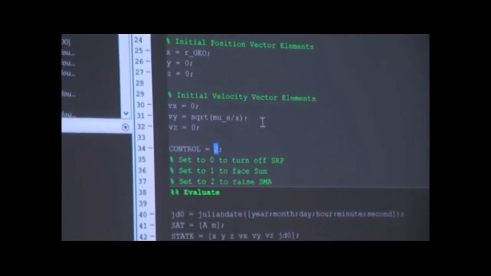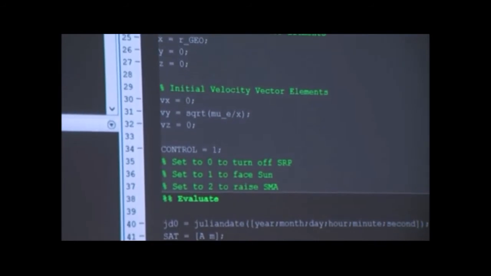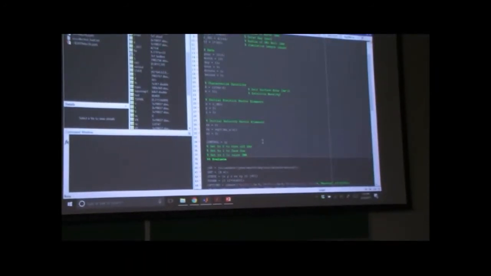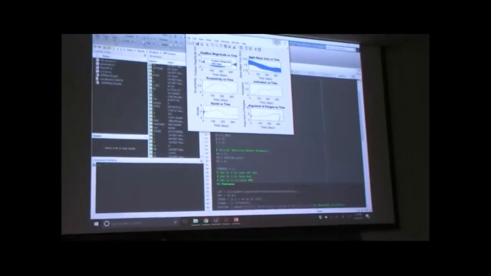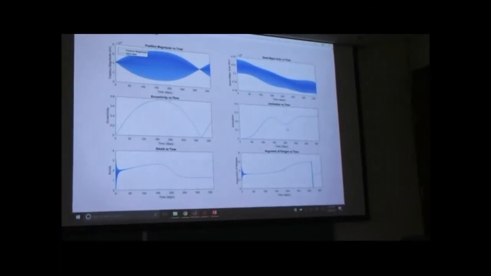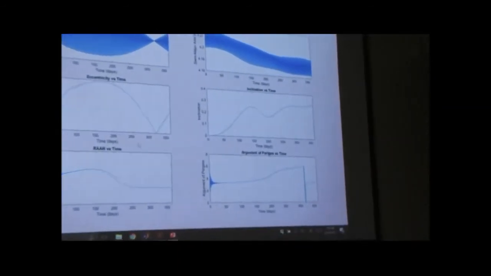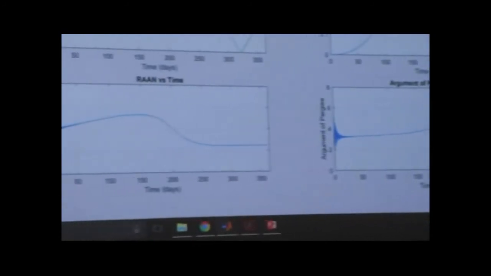So if we were to exaggerate what's going on, have constant bombardment from the sun, this is essentially what's happening to our orbits, and you can start to see why SRP can be an issue if you're not using it as desired. So right off the bat, we see inclination problems, changes in the right ascension of the ascending node, changes everywhere really.